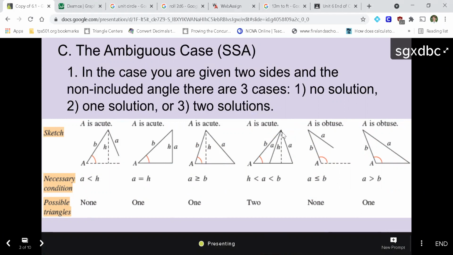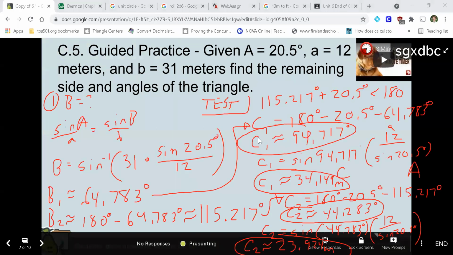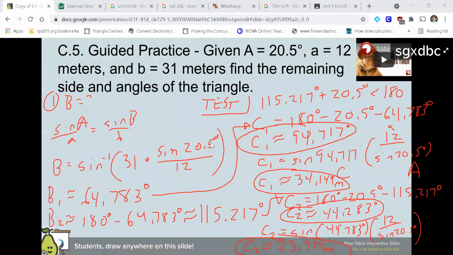If you swing A over here, then it makes angle, or I guess that's wrong. Sorry, this would be angle B in this example. That makes angle B bigger. If you swing A over here, that makes angle C bigger. And that's why you get two possible solutions. Okay?